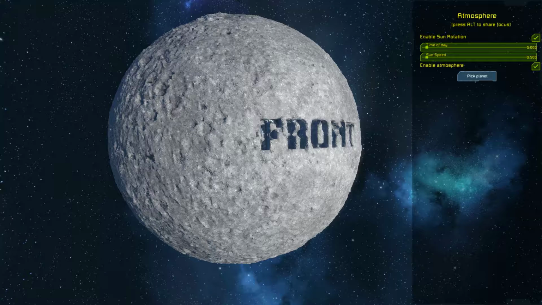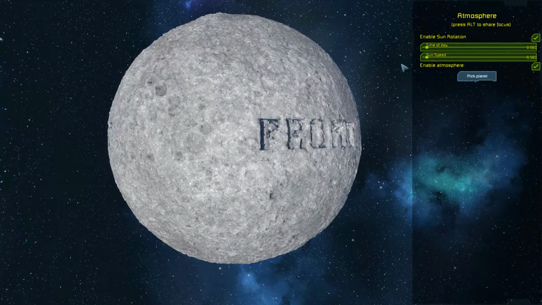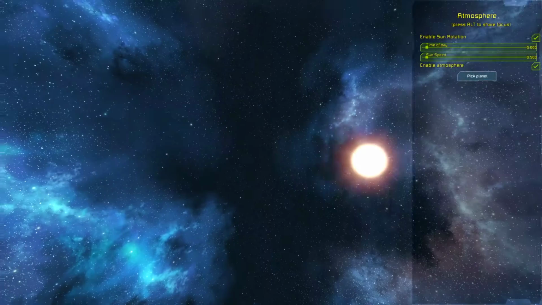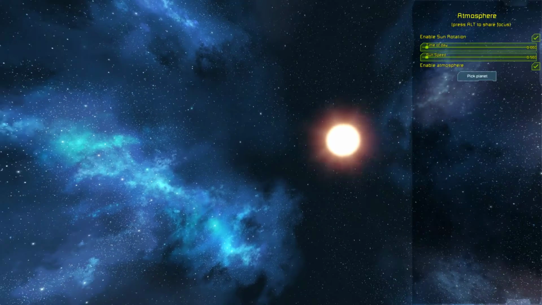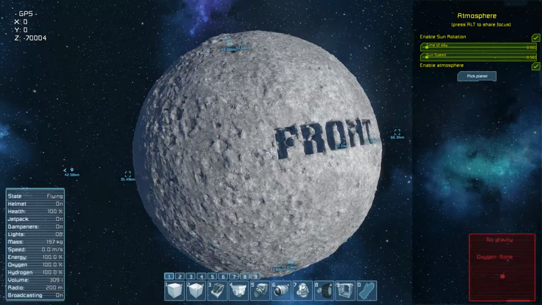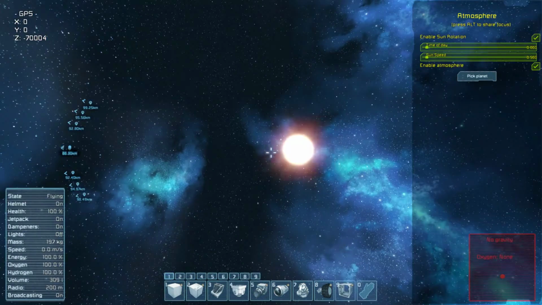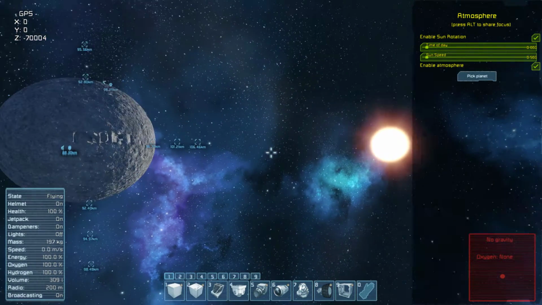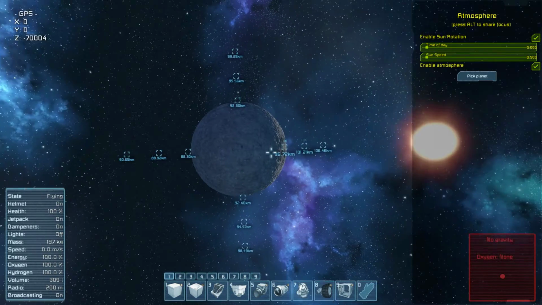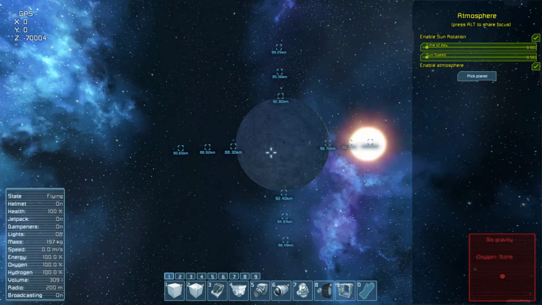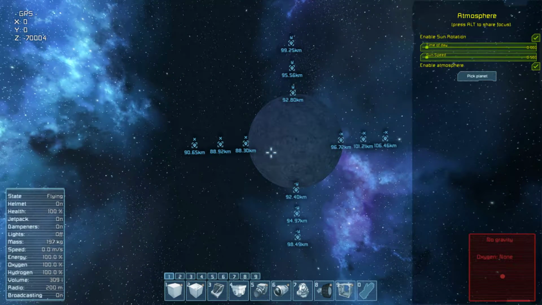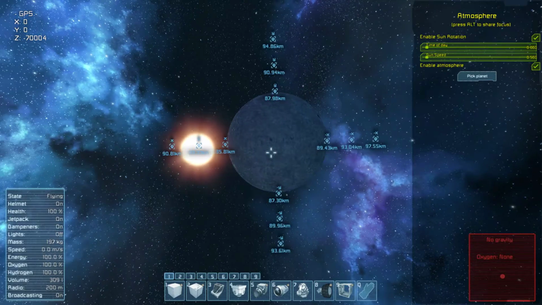So, what is the problem? The problem is this. Let's get the sun moving. Sun's orbiting nice and flat around the y-axis, and that's great.